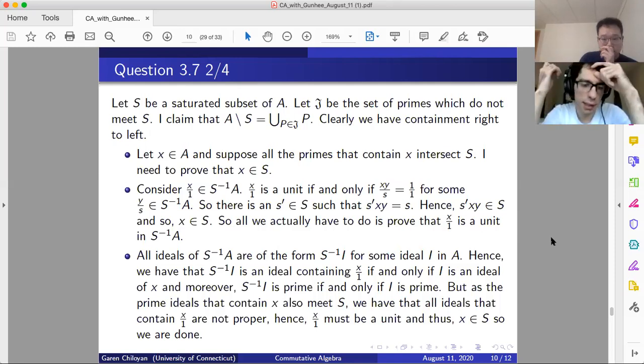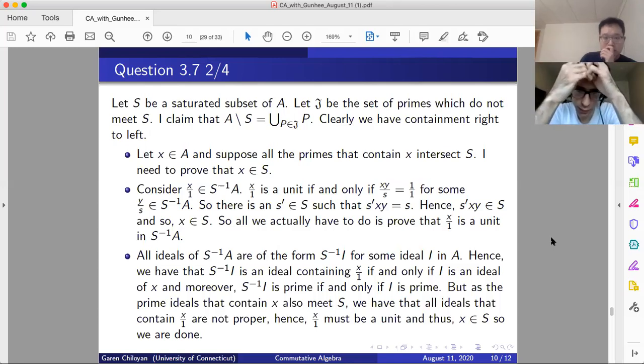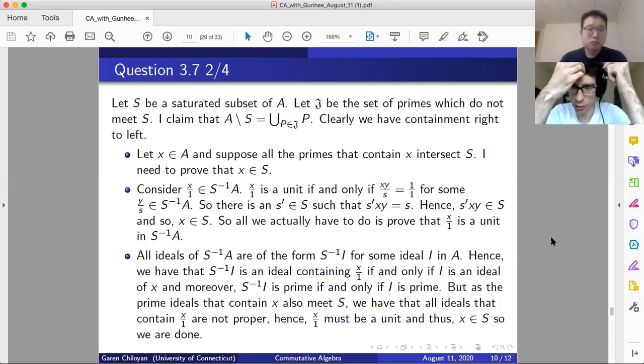As the primes that contain x also meet S, because that's what we assumed, all the ideals that contain x over 1 are not proper. Because if you look at the localization of a ring at S, the ideals that have an element from S will have a unit. But that means that x over 1 must be a unit, and therefore x is in S. And so we are done. So that's the proof in two directions.